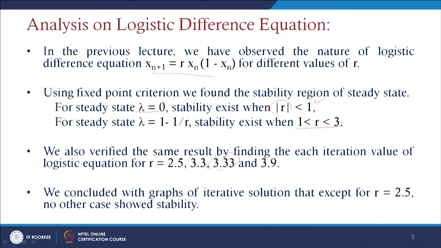And when we went for the graphical solutions, we found by iteration that except for r equals 2.5, no other case shows stability. Since stability means the value remains constant, and even after many iterations there is no further change.